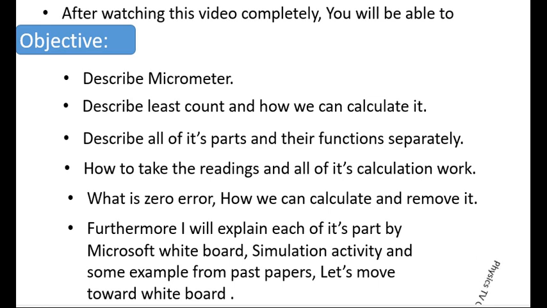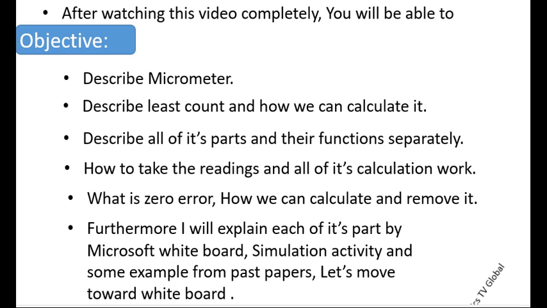And you will be able to know about all its parts and their functions separately with the help of animations and simulation activity. And you will be able to take the readings from the main scale and from the circular scale, which is also called the thimble, with the practice of the simulation activity.